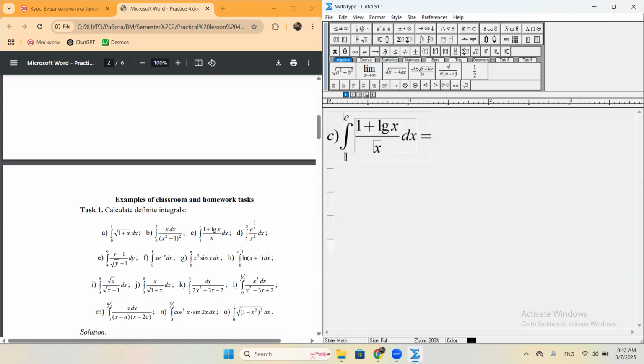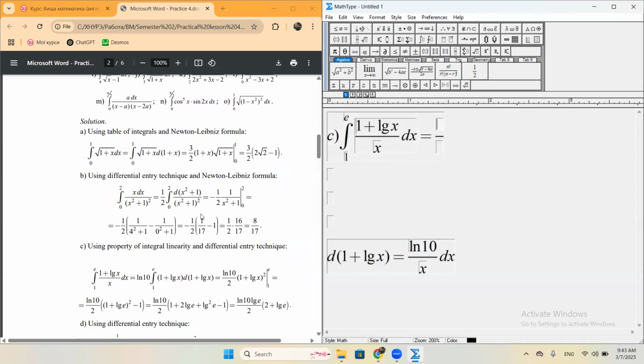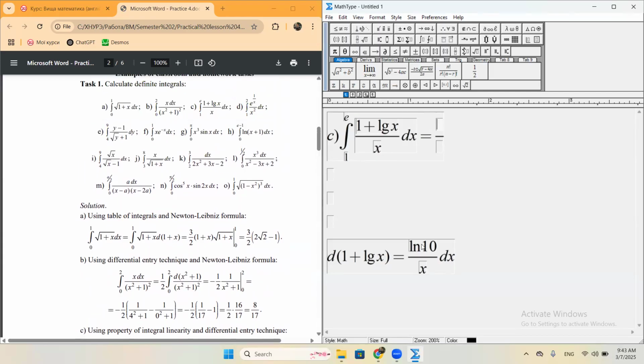Again, we use the differential entry technique. And how do we use it? The differential of 1 plus the decimal logarithm of x will be equal to 1 over natural logarithm of 10, over x dx. Yeah, if I'm not mistaken, we divide. Oh yeah, so we need to divide.